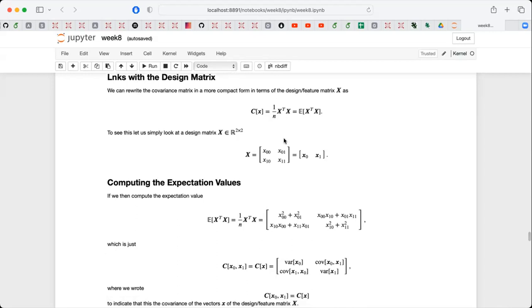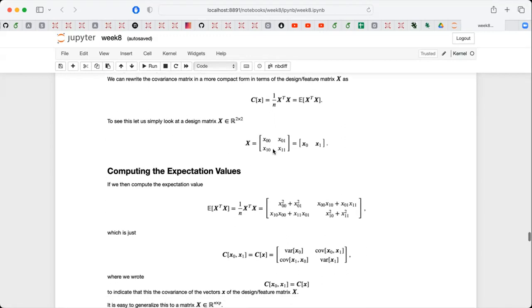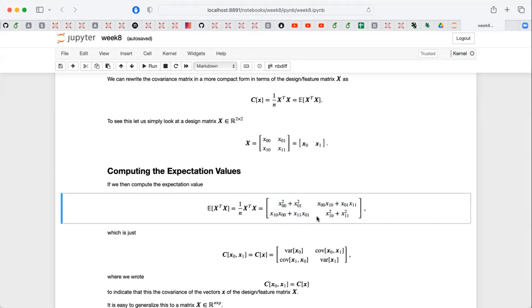And you can easily see that if you write the matrix x in terms of the two vectors here, and then you perform x transpose times x, this number here is just the variance for the first one. This is the variance for the second element, and the non-diagonal matrix elements are actually the covariances, if you just look at the definition.